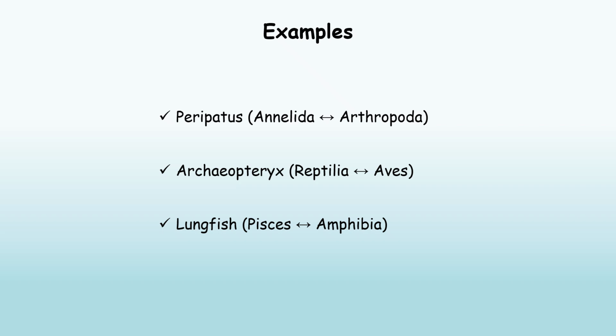Moving to the next example, Archaeopteryx, which belongs to the category of vertebrates, is acting as a connecting link between the class Reptilia and class Aves. Likewise, one more example is lungfishes, which belong to the group Dipnoi, and they act as a connecting link between the class Pisces and the class Amphibia.